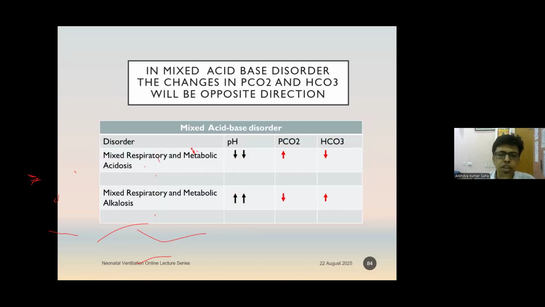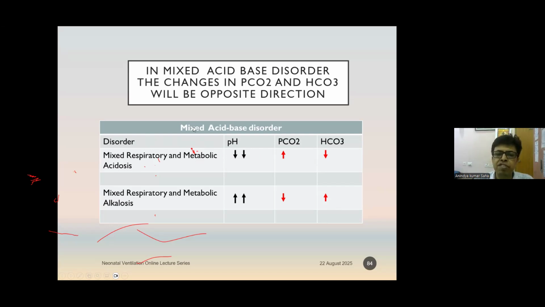But if we see the primary change can be any one of the two. Either PCO2 is high and along with very low pH, so it is respiratory acidosis, but bicarbonate is also low. So these are opposite directions. It may be primary respiratory or primary metabolic, but this is a mixed disorder.